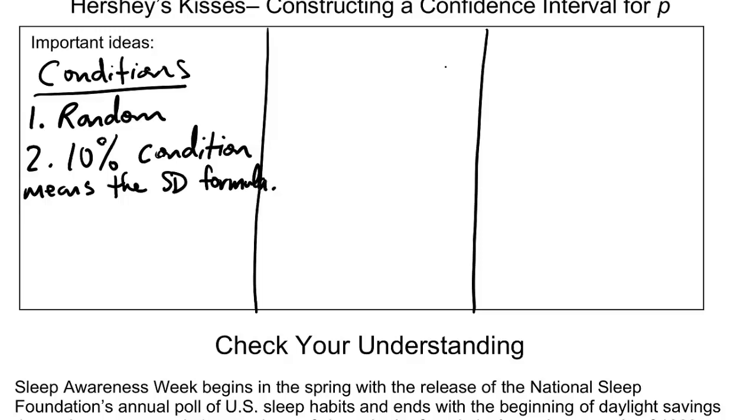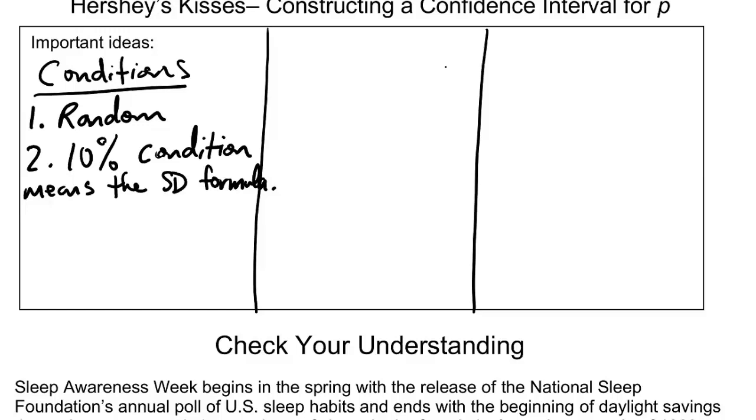Because remember, to truly be a binary experiment, I would have to basically toss one Hershey's Kiss, put it back into the population of all Hershey's Kisses, and then randomly pull out another Hershey's Kiss.